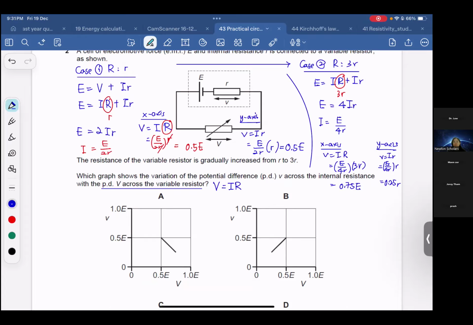So my E actually becomes 4IR right now. Because in the graph there is no current I, we need to replace the I in terms of E. So I will equal E over 4R. Then we think about the x-axis. The x-axis is the resistance across the variable resistor, big R. So you just substitute the current and the resistance.